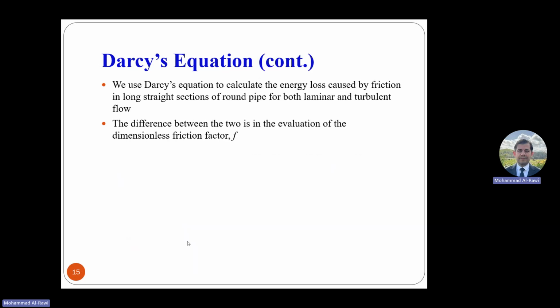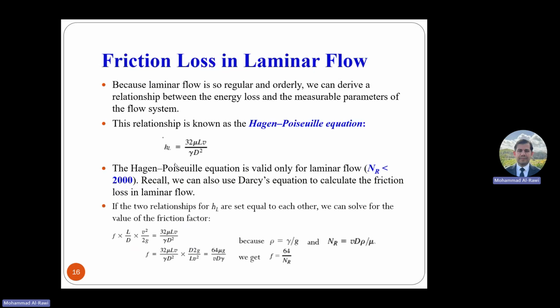So we use the Darcy equation to calculate energy loss caused by friction in long straight sections of round pipe for both laminar and turbulent flow. The difference between the two is in the evaluation of the dimensionless friction factor. Because laminar flow is so regular and orderly, we can derive a relationship between the energy loss and the measurable parameters of the flow system.